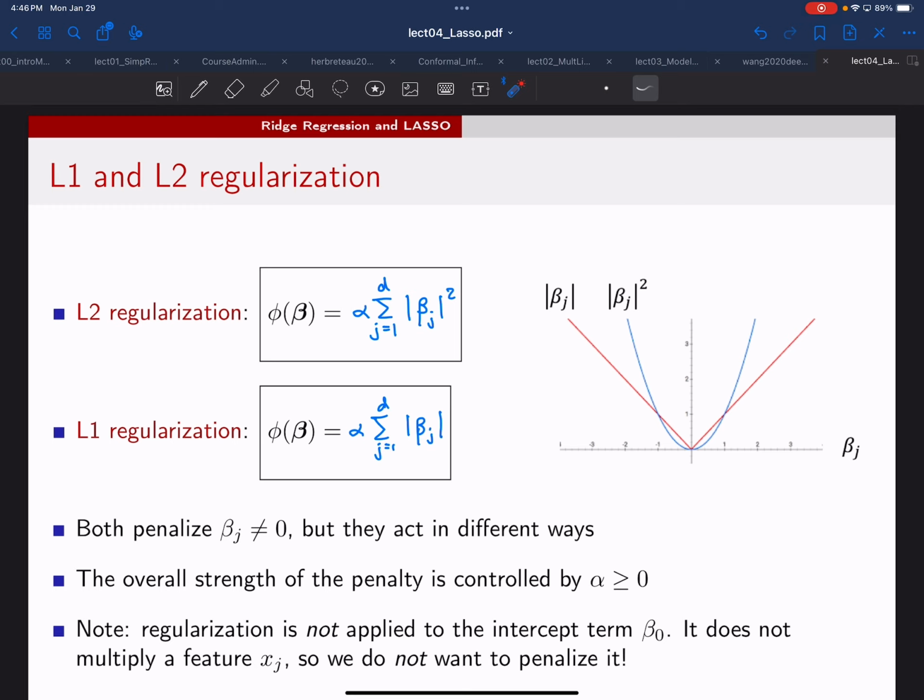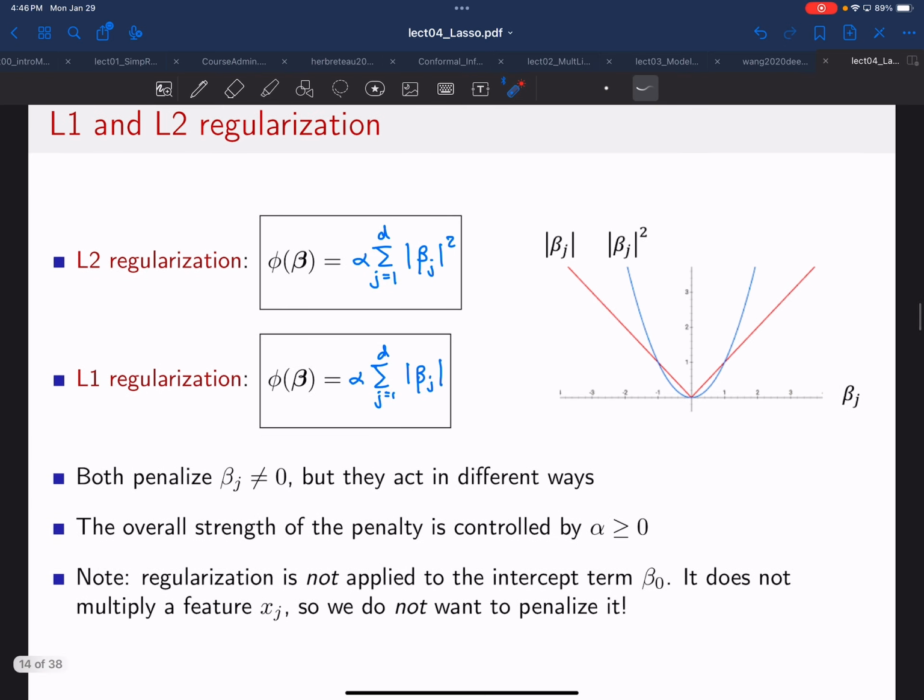One allows small deviations but really doesn't want large deviations, and the other cares about small deviations but doesn't freak out with large deviations from 0. We'll see that reflected in how they behave when we start to see some experiments.